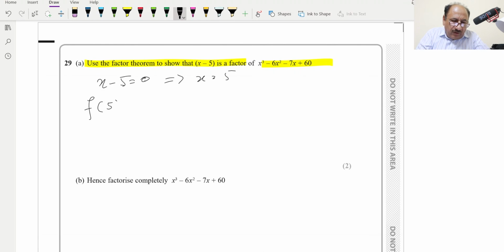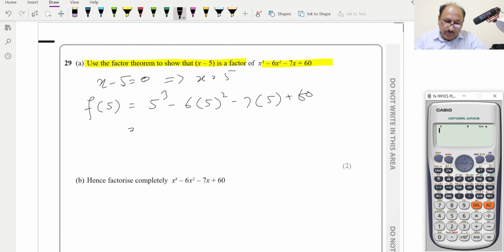So f of 5 will be equal to 5 cubed minus 6 into 5 squared minus 7 into 5 plus 60, and this will be equal to 5 cubed minus 6 into 5 squared, bracket close, minus 7 into 5 plus 60, and this results in 0.